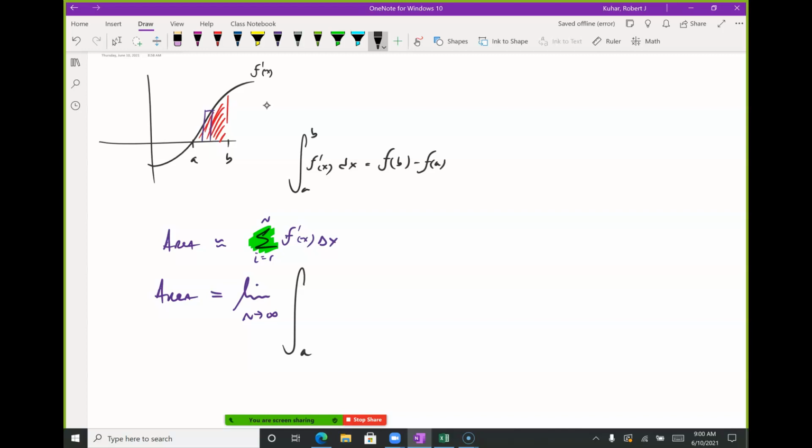And so we're going to sum from a to b. We're keeping that derivative f prime of x, but what happens to delta x when I do an infinite number of rectangles? What does delta x become? It approaches 0, becomes infinitely small.